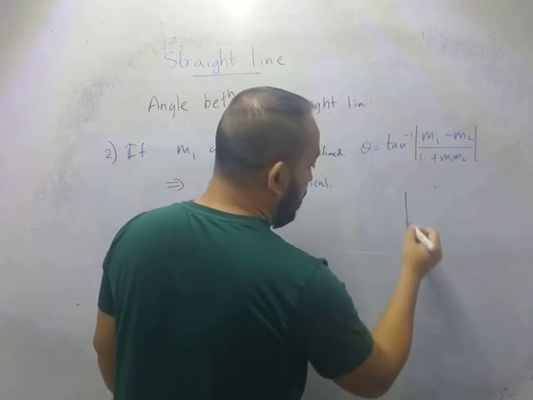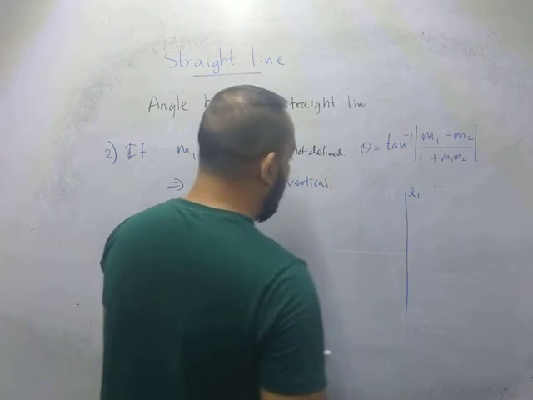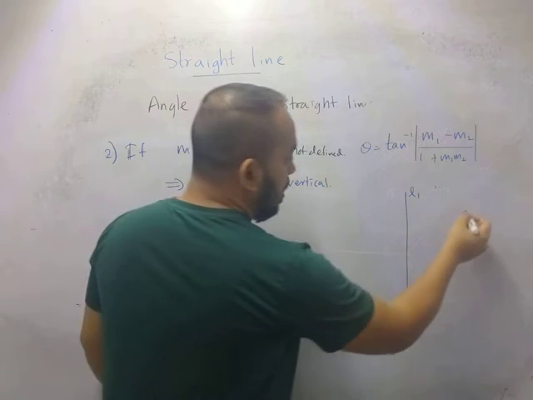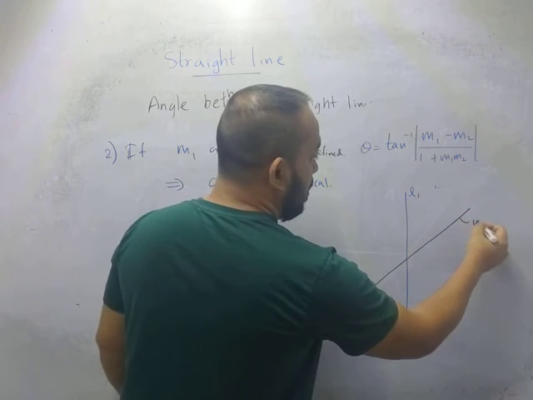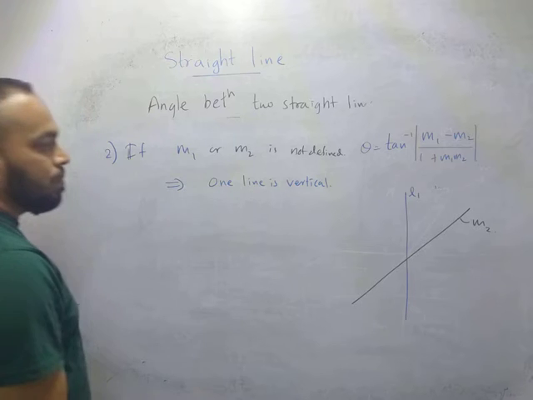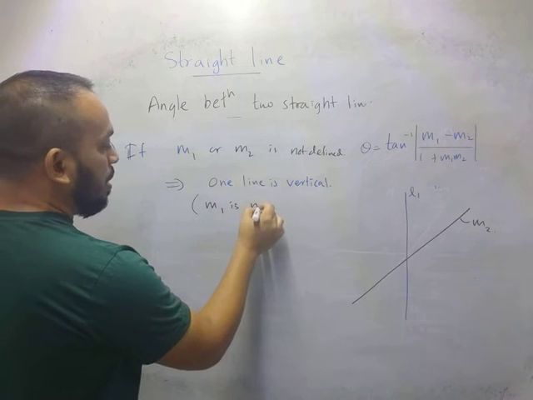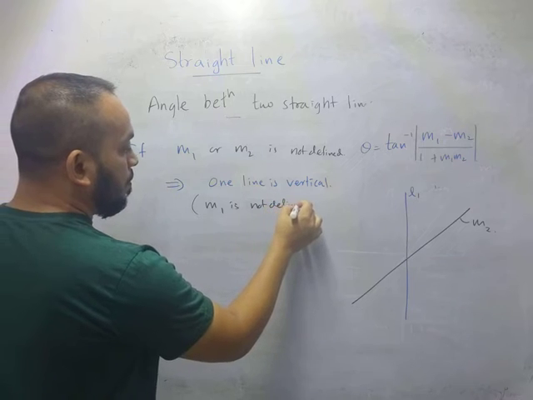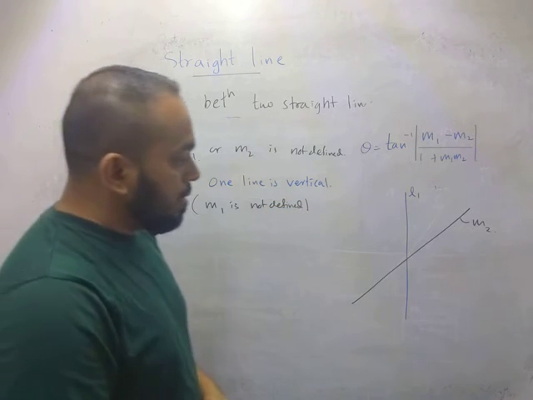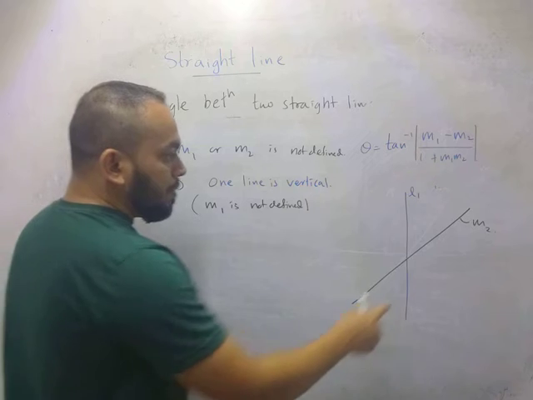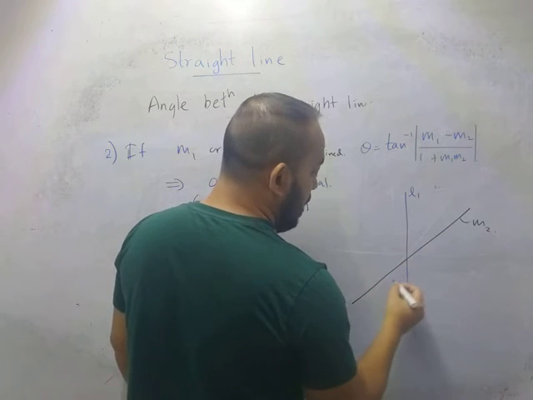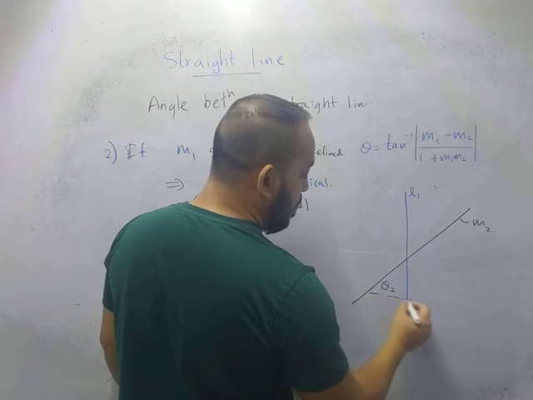You have one line like this, called L1, and you have another line, here we have M2. Imagine M1 is not defined. In that case, what would be the angle? So M2 would be at angle, let's say theta 2.